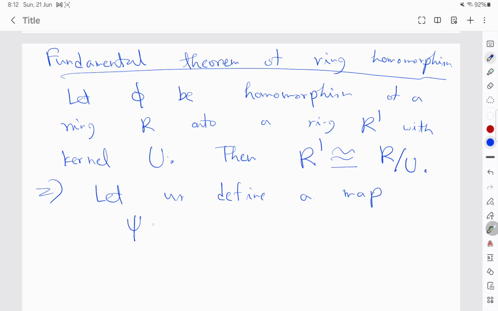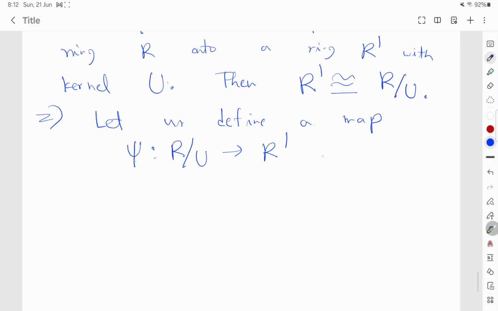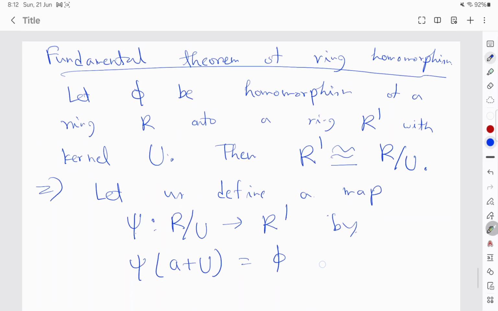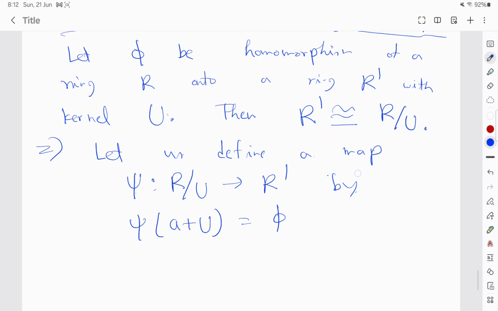The psi map you are defining from R by U to R dash, defined by psi of a plus U equal to the earlier map, that phi map from R to R dash.